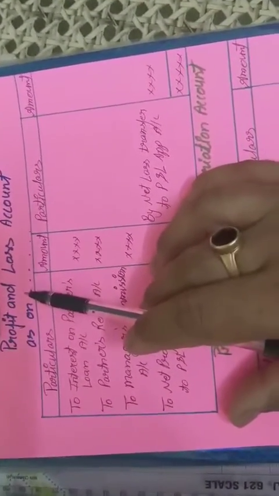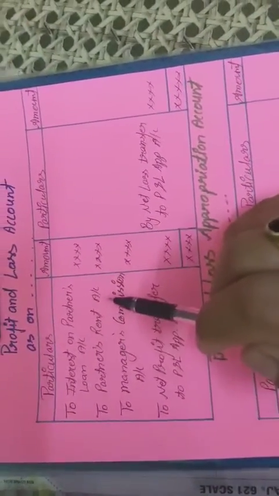It is transferred to profit and loss account, so profit and loss account should be debited with the name of partner's rent account. Here you can see this transaction. Yes, according to that it is correct. So to partner's rent account, and profit and loss account is debited with the partner's rent.